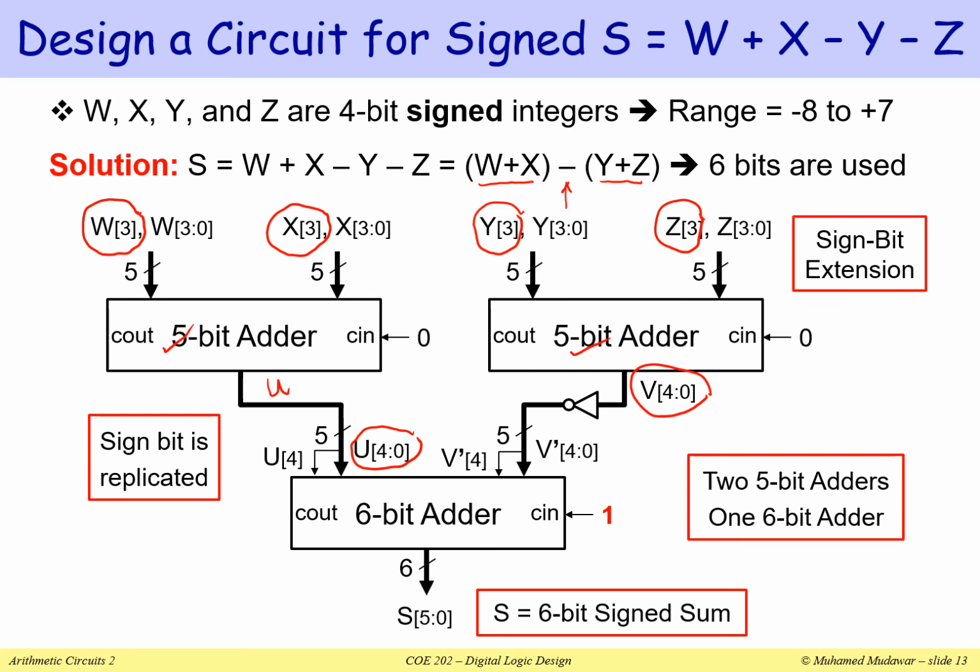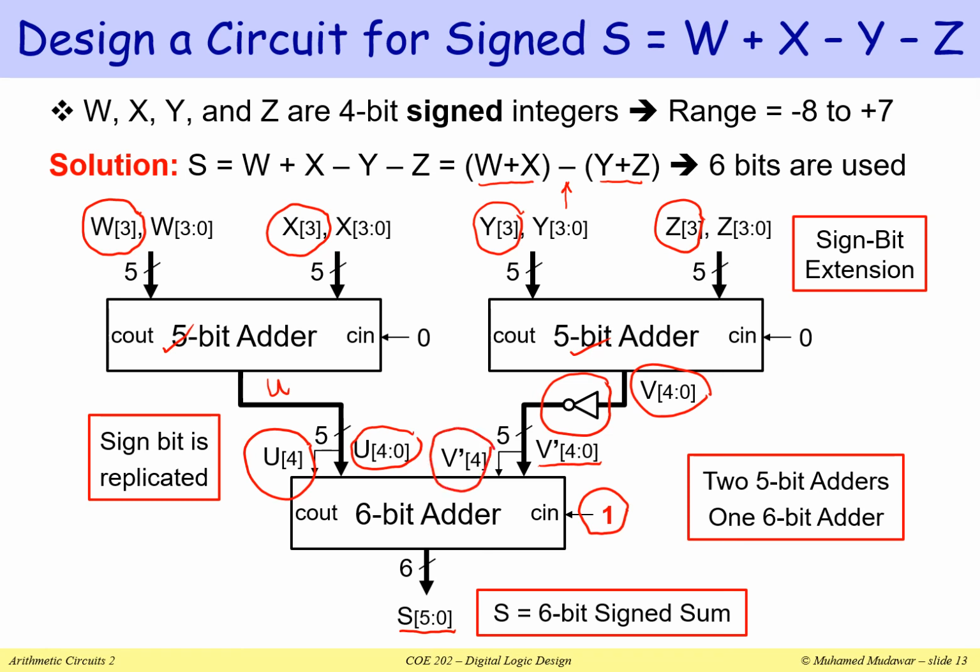Now to calculate the final difference, this minus, I need to add U plus V prime plus 1. So I'm using an inverter here to invert all the bits of V. This is V prime, and this is the plus 1. But I would like to produce a 6-bit sum at the end. So in order to produce this 6-bit sum, I have to do sign extension for U4, and I have to sign extend V prime 4.